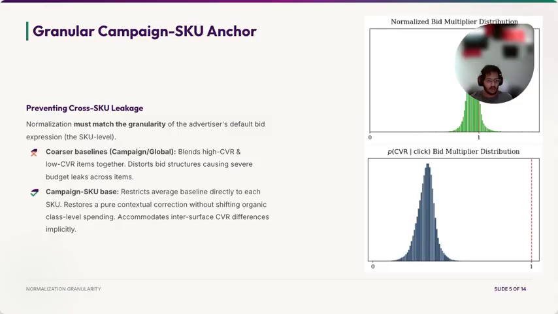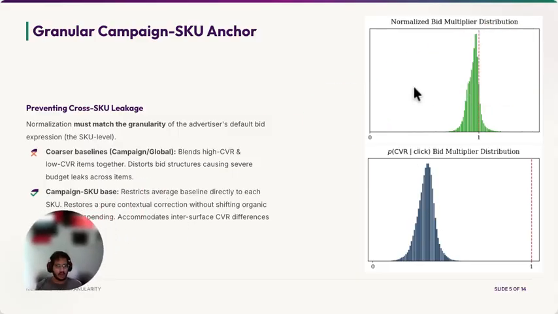Out here on the graphs, we show on top the supplier campaign product granularity normalized bid multiplier, which is a tight distribution close to one, averaging close to one, whereas the unit division global denominator results in a bid multiplier that is spread wider and deviates from one.